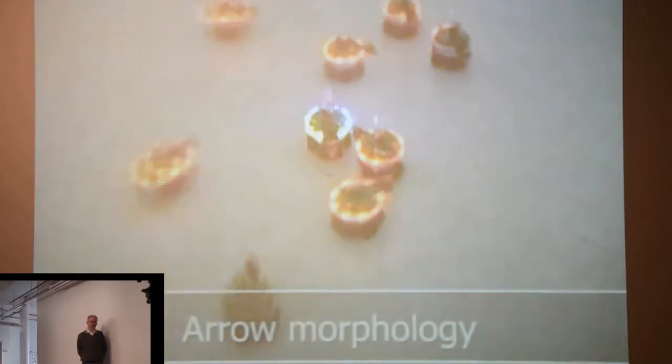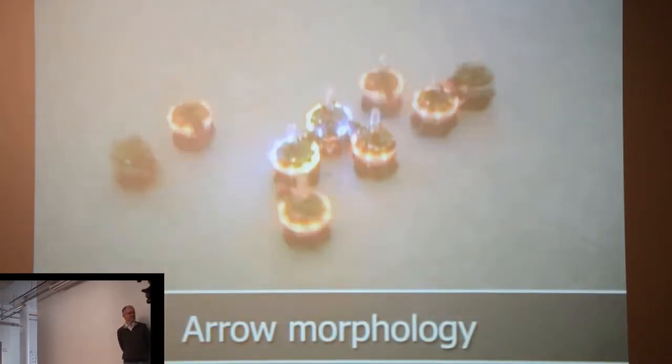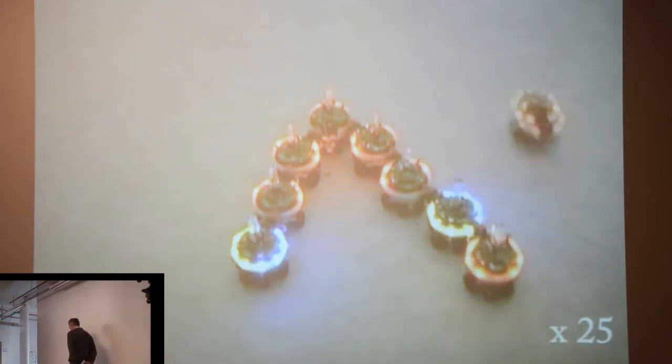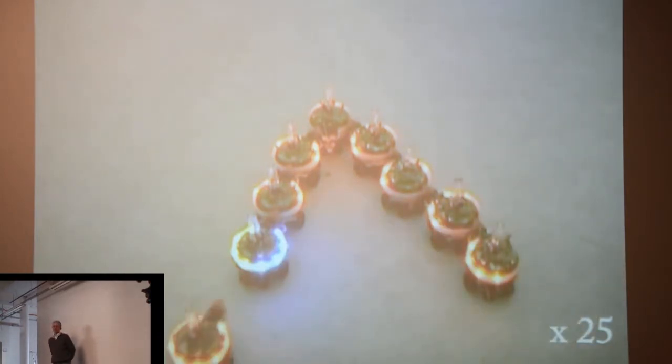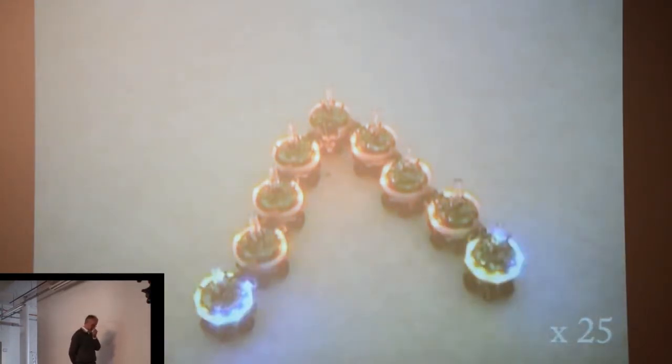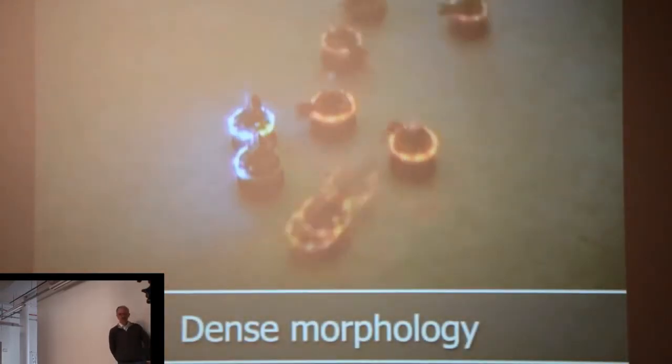The morphology generation mechanism is generic and allows for an arbitrary number of different morphologies to be formed. To demonstrate the mechanism, we formed 4 different morphologies: the star morphology, the line morphology, the arrow morphology, and the dense morphology. We generated morphologies using up to 9 real autonomous robots.